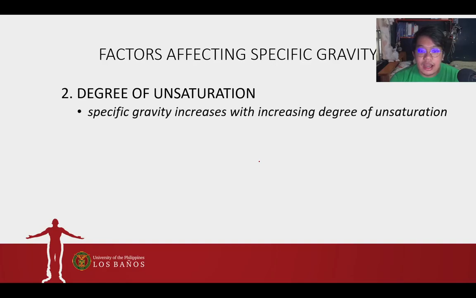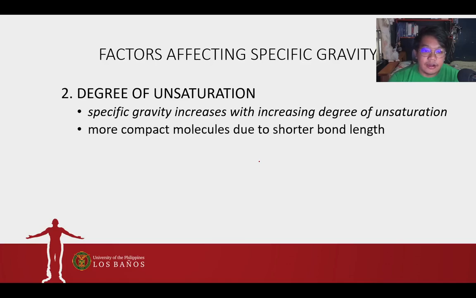Tumataas yung specific gravity kapag tumataas din yung degree of unsaturation, kasi lumiliit yung bond length ng ating carbon-carbon double bond compared sa carbon-carbon sigma bond. And by this, we have more compact molecules due to short bond length.